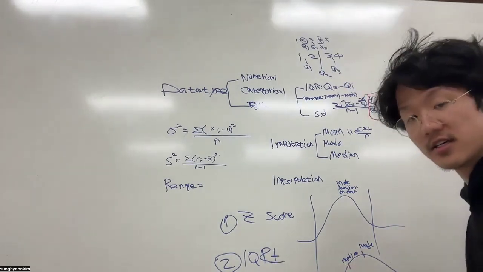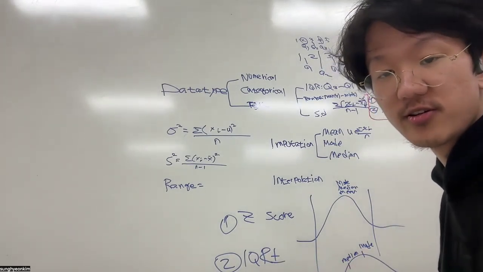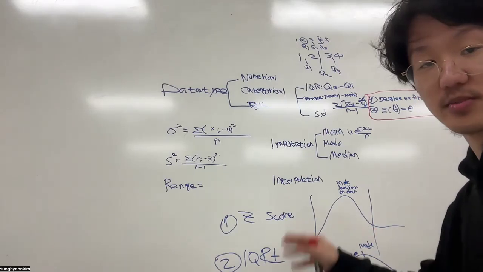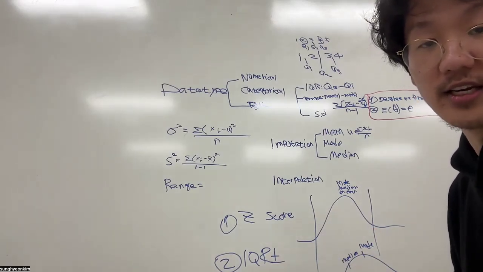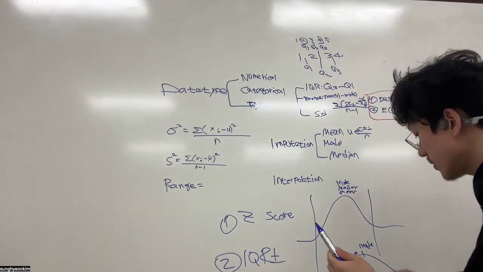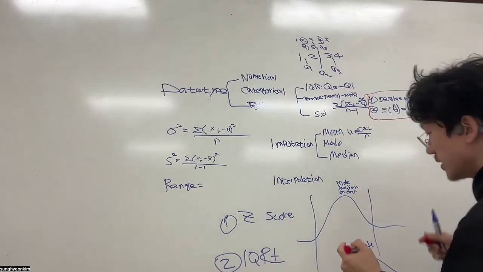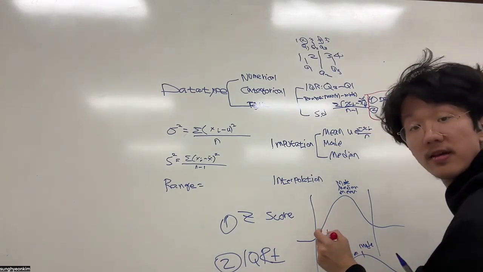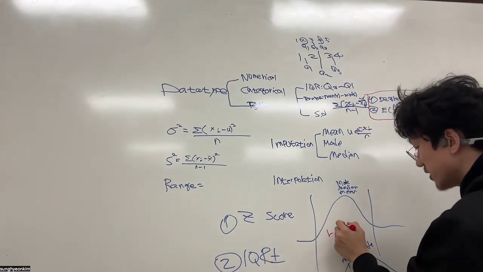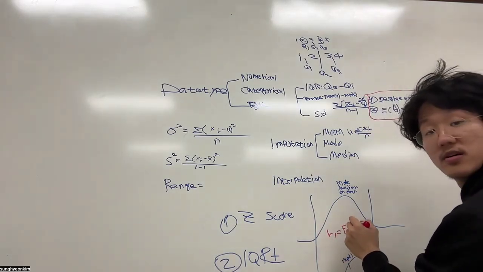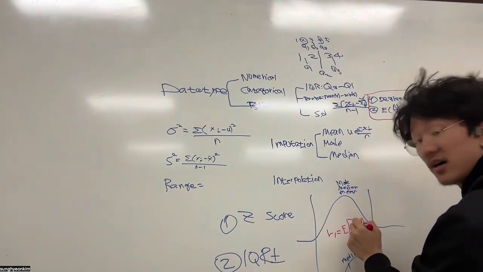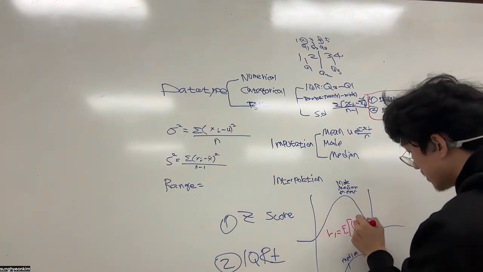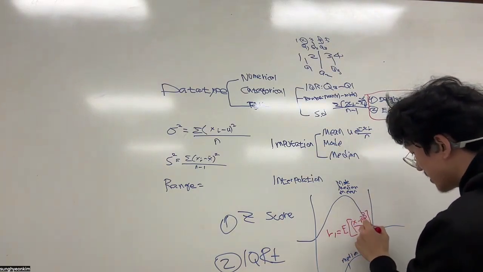And I will talk about skewness here. Skewness we can calculate as E of x minus mu over sigma, cubed.